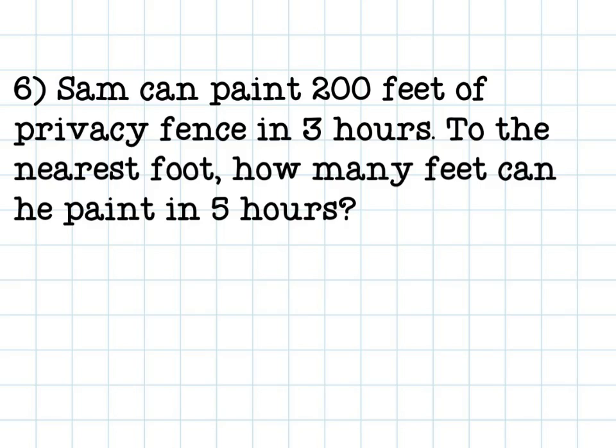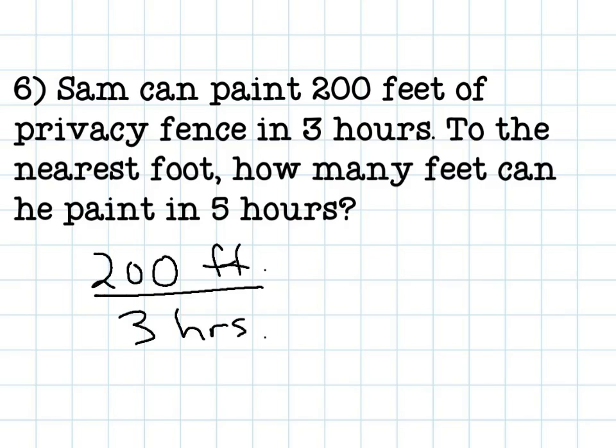Okay, here is another problem. I would like you to pause the video, set up your proportion, and try and solve it. Okay, since Sam can paint 200 feet of privacy fence in 3 hours, that would be your first part of the proportion. So it's 200 feet over 3 hours.